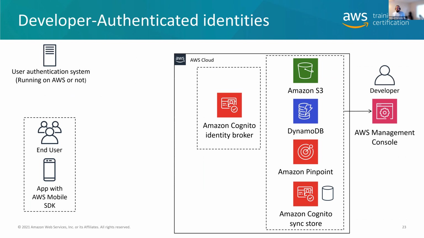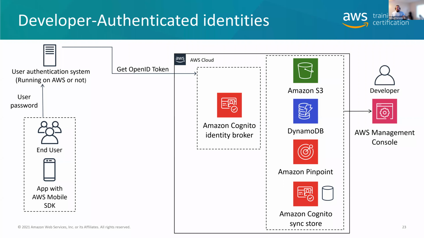Now, in this particular case, let's say that there are some developers who want to use their own identities instead of using a public identity provider. Cognito makes this easy to accomplish because you can use Cognito as an identity broker. So let's say there's a user authentication system that the developers are using to create their own user store.